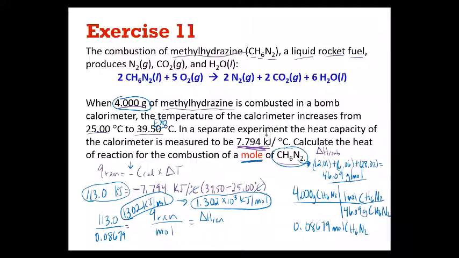So what you should notice in the pattern of these 3 problems, although the last one is slightly different, you should notice that it's going to be the Q, the heat evolved, divided by the moles. That's the end thing to calculate delta H, and it should be in kilojoules over moles at that point. Bomb calorimetry, you don't have to change the sign because they already give you the negative C-cal part of the equation.